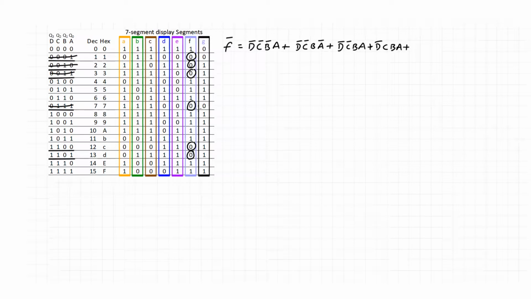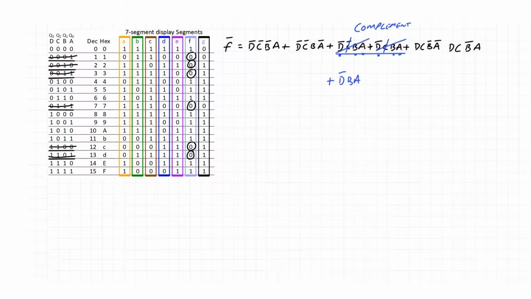Cross that off. Or D, C, not B, not A. D, C, not B, A. So there's the complement law in the last two. And in the third and fourth, we've got common factors, and we can complement out the value of C, because it doesn't matter whether C is high or low, because both terms are true.